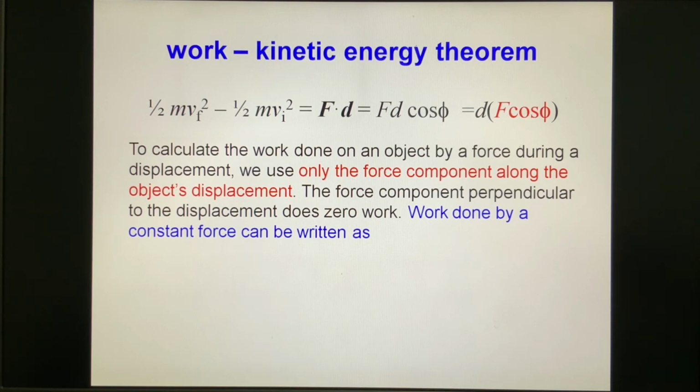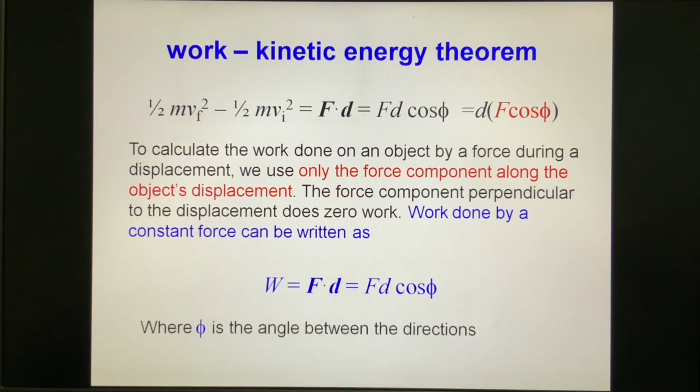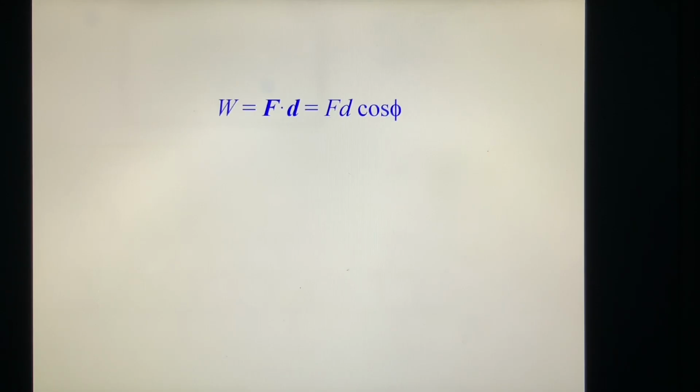Work done by a constant force can be written as W equals F dot d, the dot product, equal to F d cosine phi, where phi is the angle between the directions of the displacement d and the force F.